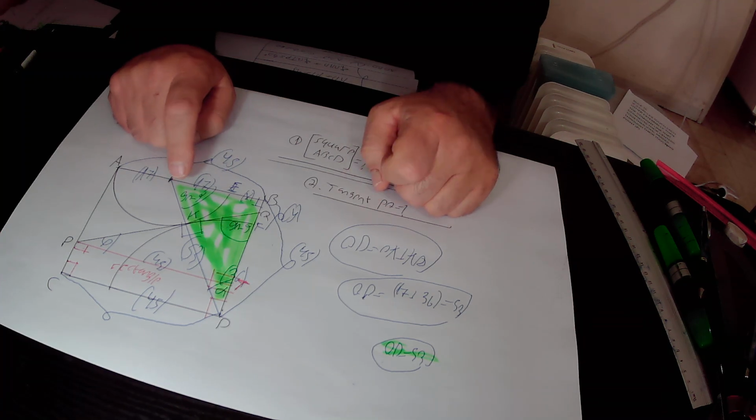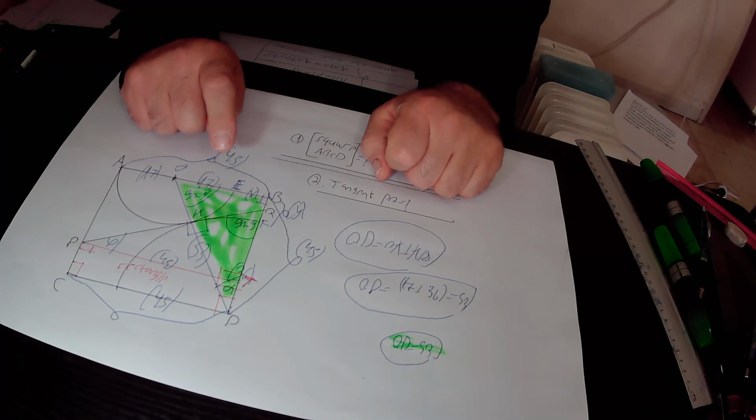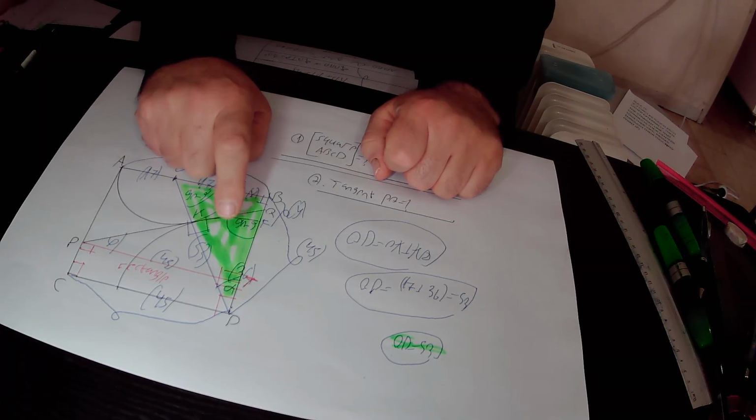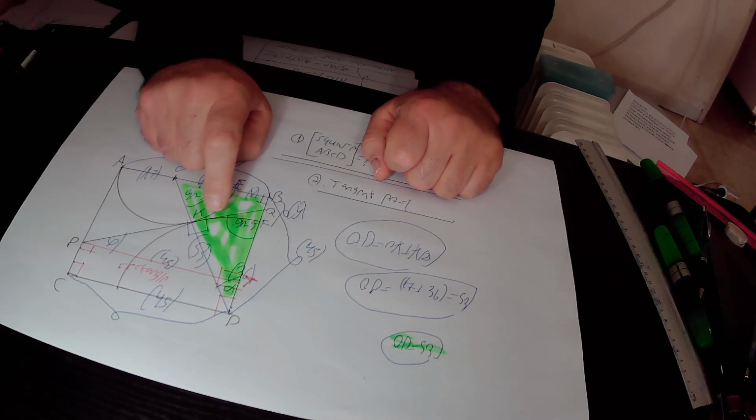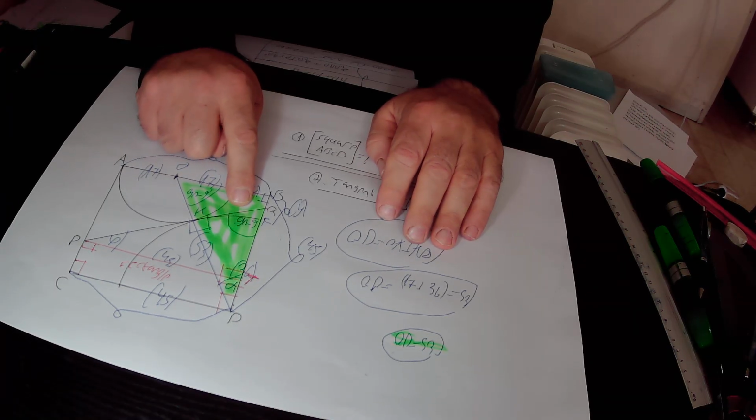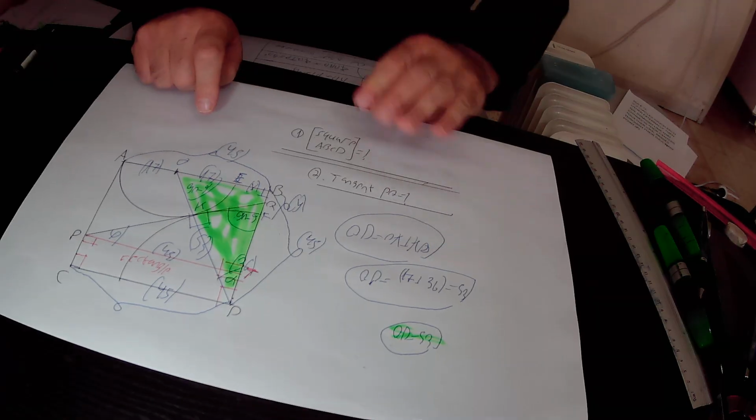So in triangle QKD, this angle equals alpha, this angle equals 90 degrees, and therefore this angle must equal 90 degrees minus alpha, since the angles sum to 180 degrees in a triangle.